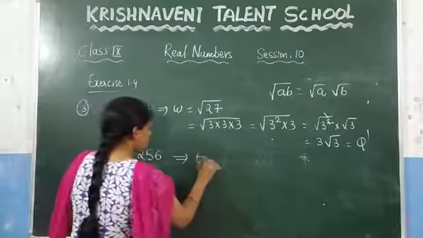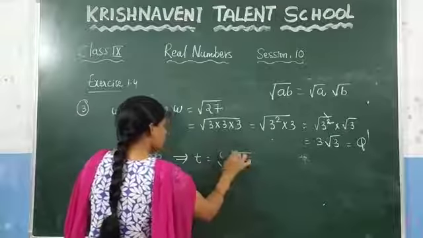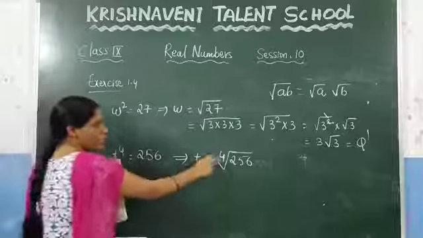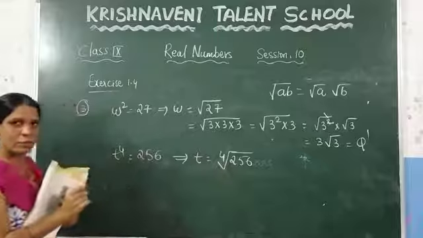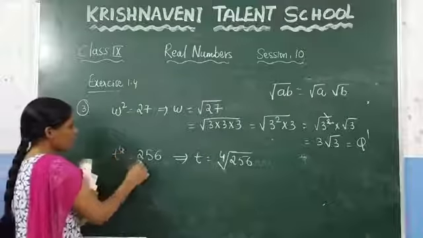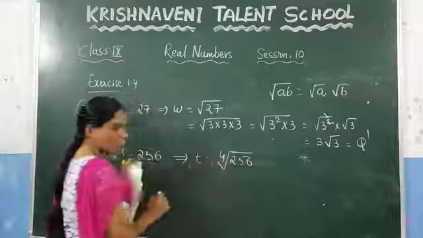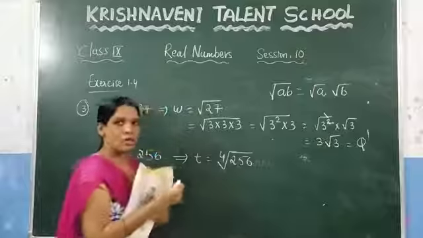You can write it as t is equal to 4th root of 256. In the last session we discussed this: if the power is 4, you have to write 4 here; if it is 5, you have to write 5 here. Like this we represent it. So if t power 4 is equal to 256, what is the value of t? 4th root of 256. Now, can we write 256 in the form of powers of 4?